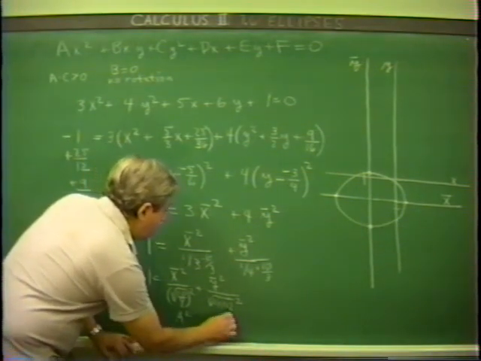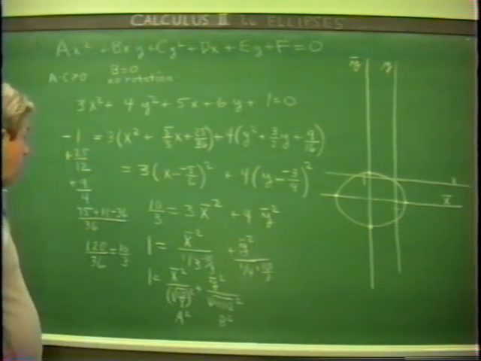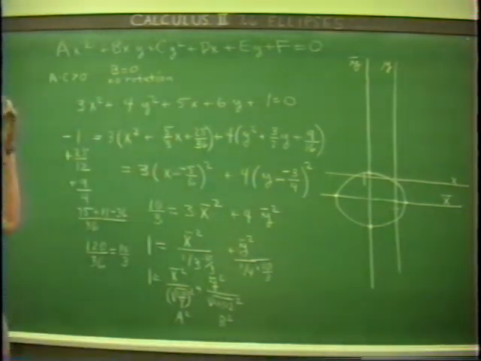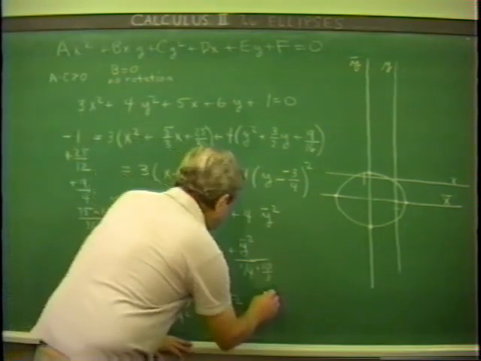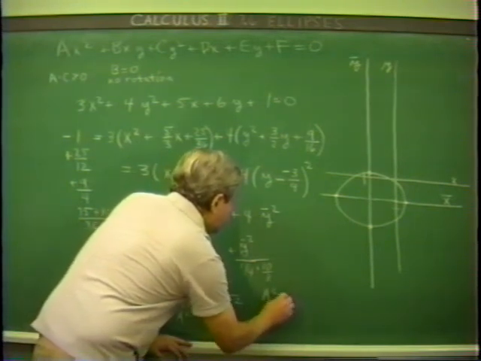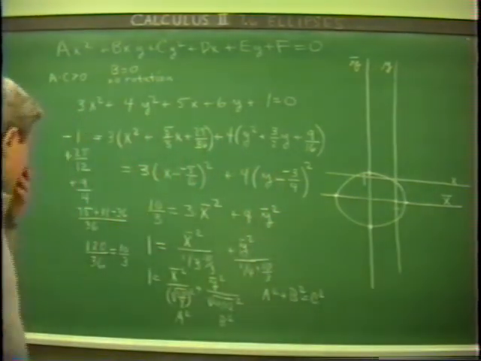Right? Now, what have we got? This is a squared, and this is b squared. And for an ellipse here now, we can get c squared, because a squared plus b squared equals c squared.